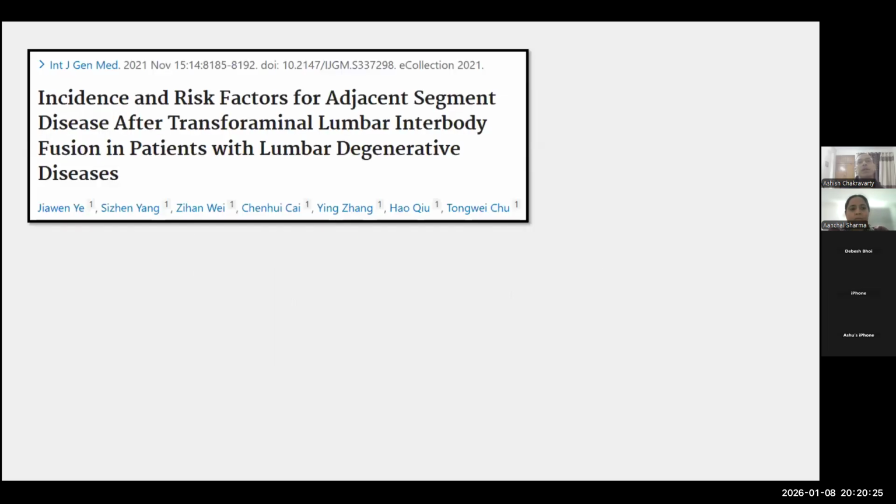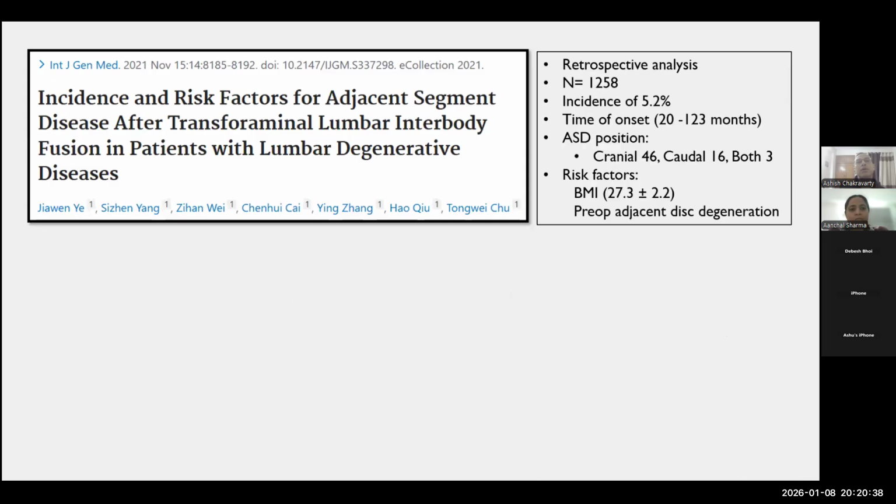Now, there are a few very good literature articles on ASD. One of these, I think, is the one with the maximum patients. Let me just reduce the screen here. So they did this study.